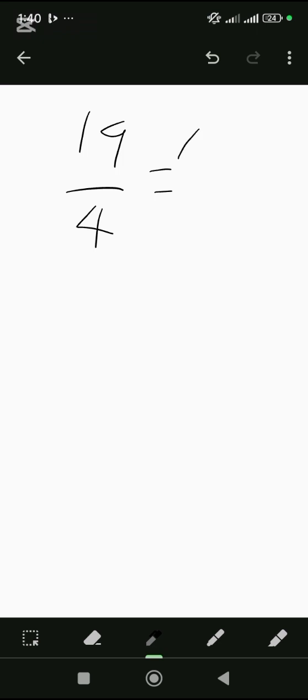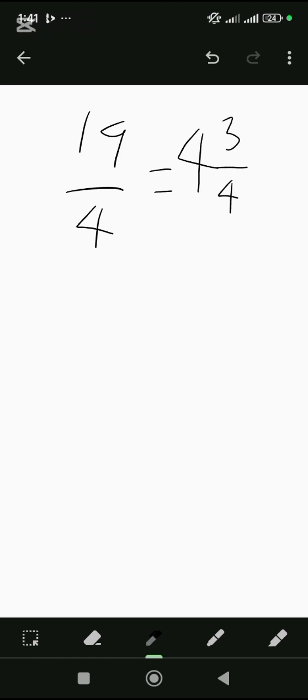So you are going to put that 4 as a whole number. What is the remainder in that? It is 3, because 4 in 16 is 4. So you add 3 to 16, that's 19. So you put the remainder at the top and then all over your 4. Okay, it's just very simple as that.